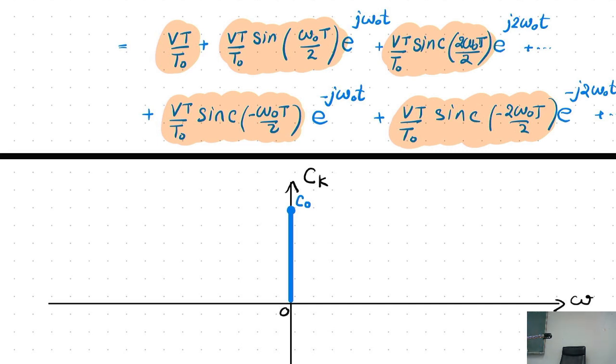Now, we have to plot this ck for these frequencies, right? So the next frequency is at omega 0, 2 omega 0, 3 omega 0, and so on.